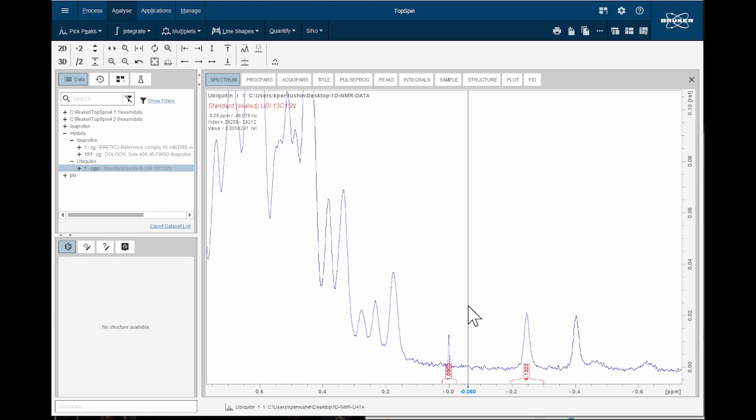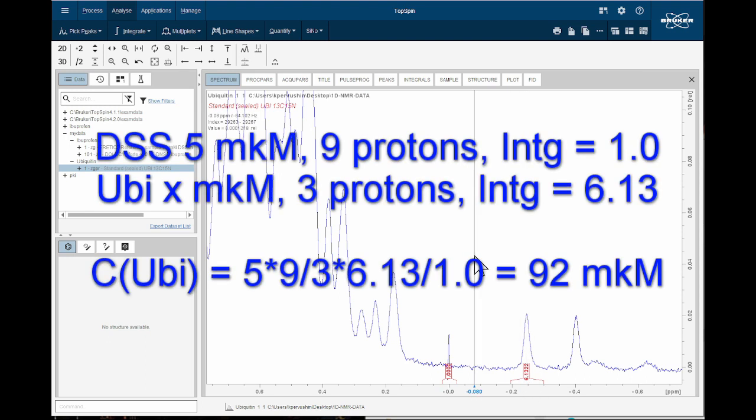So 6.1. To calculate the concentration of ubiquitin, we have to take into account that here there are 9 protons, here there are 3 protons, so a 1:3 ratio, and the integral is 6 times more than that. So therefore 5 micromolar multiplied by 6 and divided by the ratio gives me the concentration.